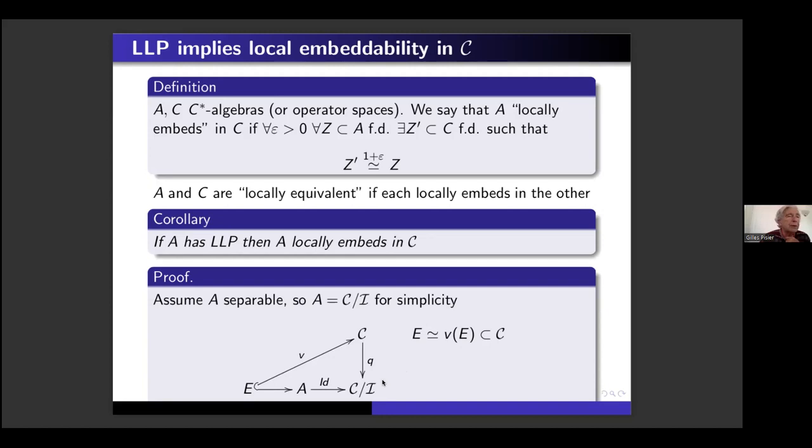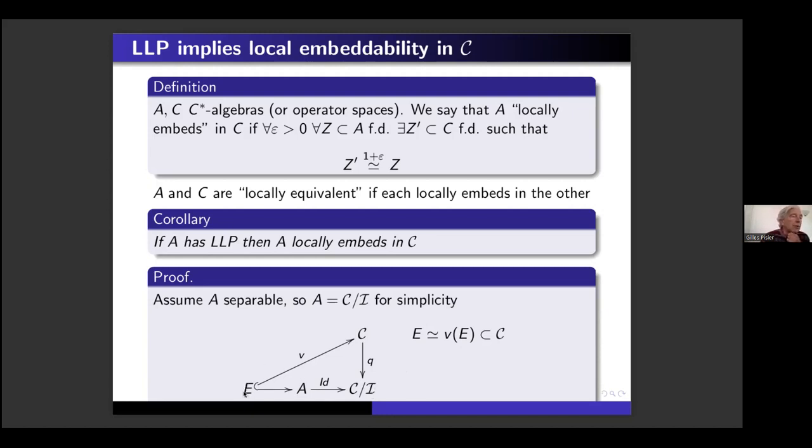It's true in the non-separable case, but let's take A separable, and then we realize A as a quotient of script C. Then the identity of A is represented like this as a map from A to this quotient, because I have an isomorphism. I write the isomorphism and call it identity. That's an abuse, but I think it's clearer on the diagram.